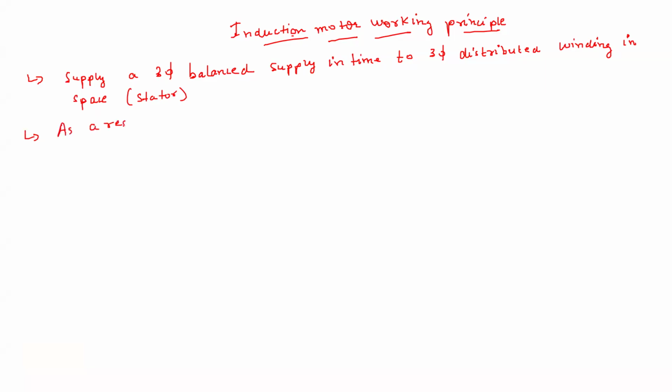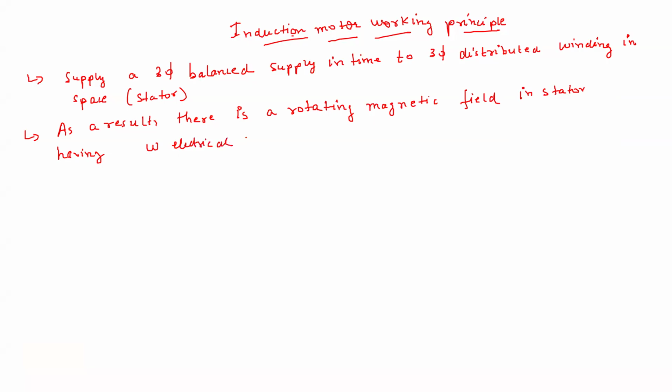As a result, there is a rotating magnetic field in the stator having omega electrical radian per second speed, which we have seen in the previous slides.